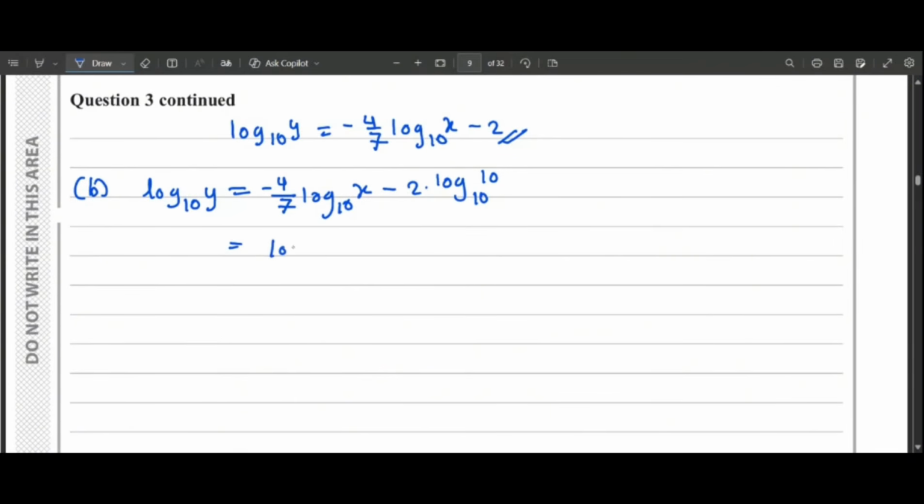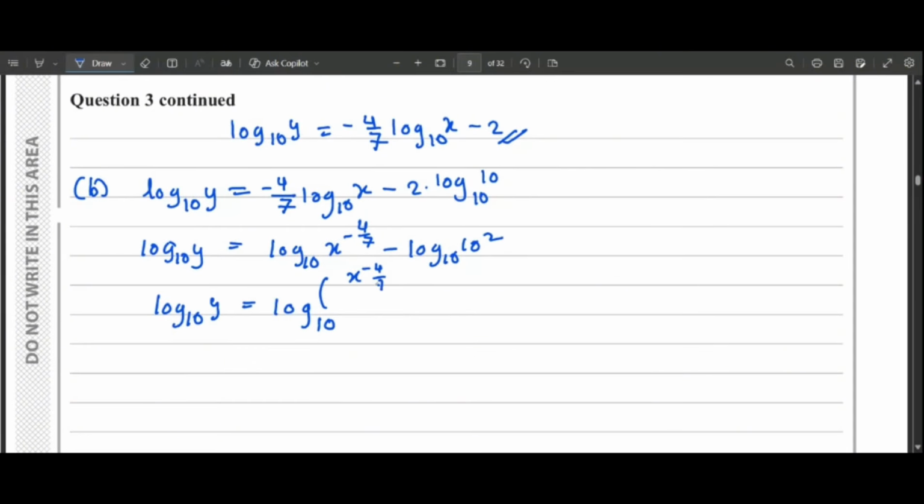Then we can write log10 x to the power of -4/7 minus log 10 squared is equal to log10 y. Again, we can write log10 y is equal to log10 of x to the power -4/7 divided by 100.